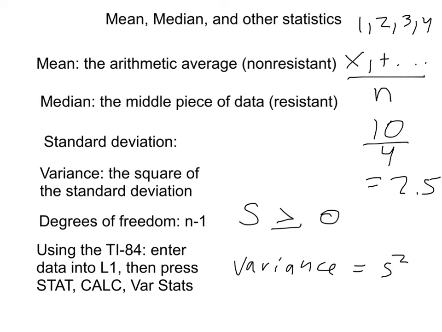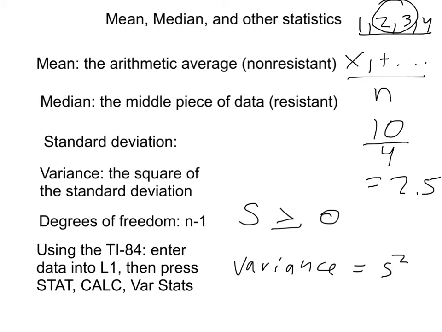And then the median is the middle piece of data. Something to keep in mind is that it's going to be different to calculate based on whether the number of observations is odd or even. Here we had 4 observations, so there isn't a middle number. The middle numbers are 2 and 3, so to calculate the median, if it's an even number, you take these 2 middle numbers and average them.